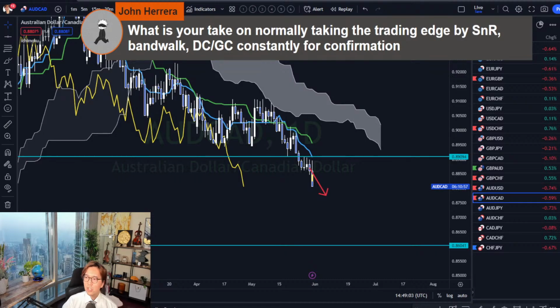So the more you master the entry confirmations, the more you can look for opportunities in the markets. And you can add more and more confirmations, and you look for a trading edge based on the lower time frames.